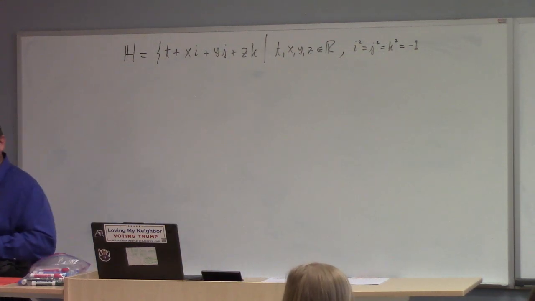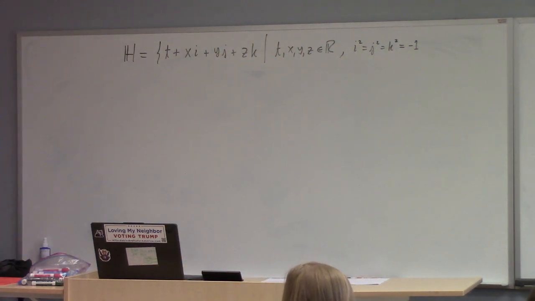So quaternions are kind of like complex numbers because they've got these, they're called versors or imaginary units, i, j, k. Now i, j, k are not the same thing. They're linearly independent. You guys know what that means. But there's more.